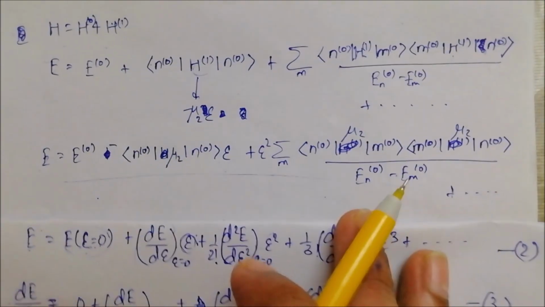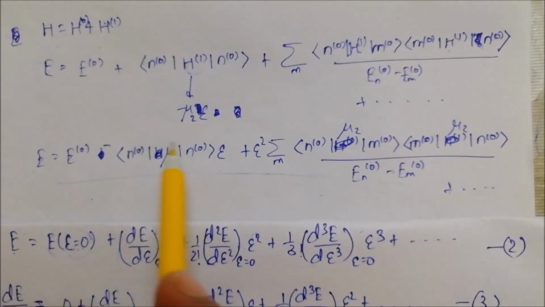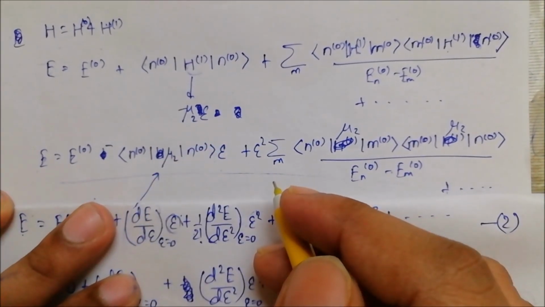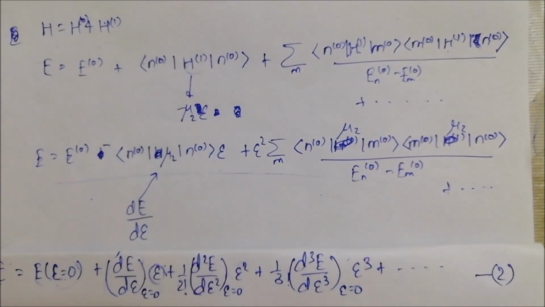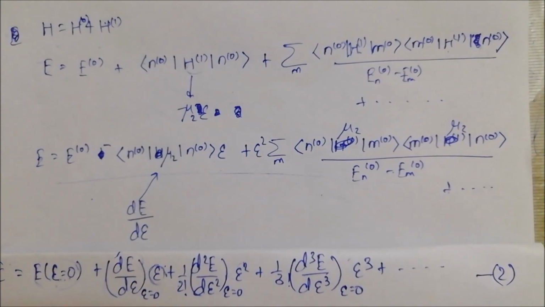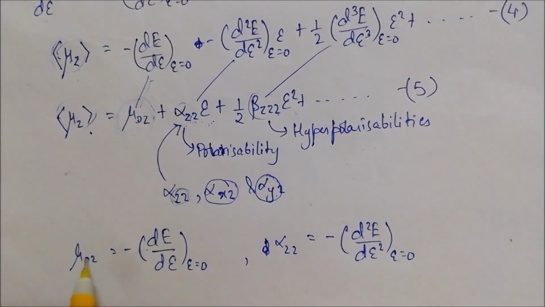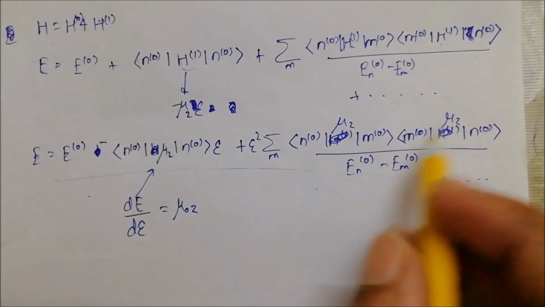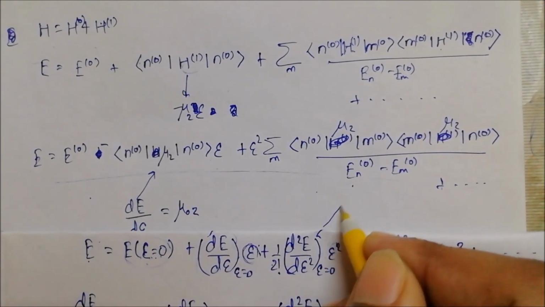So we compare the same powers of the electric field, and what we'll see is that this one is the same as this one, that is, this is just the derivative of the energy with respect to the electric field E. And what we saw here is just the negative of mu 0 z, so this is mu 0 z, and for E square this is the same as this.